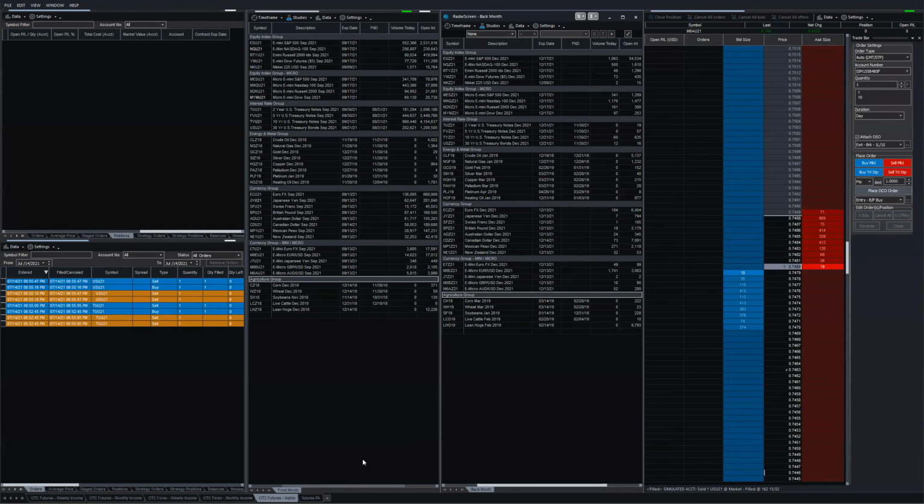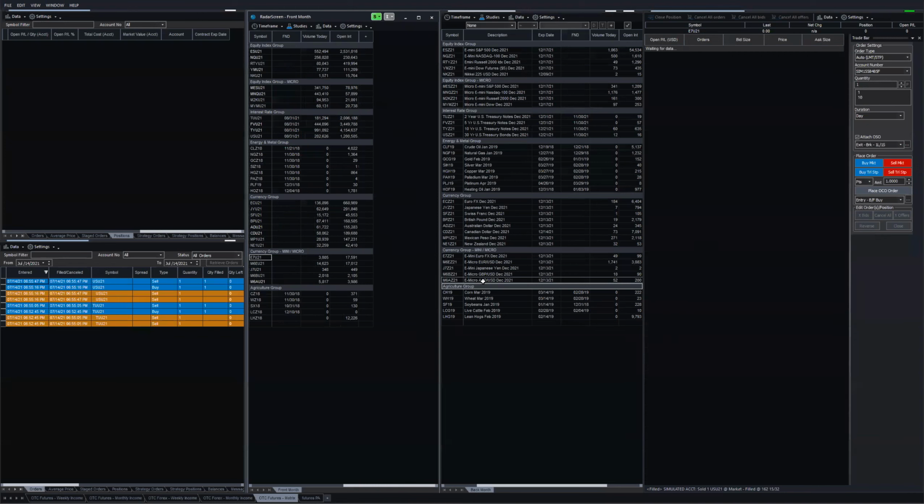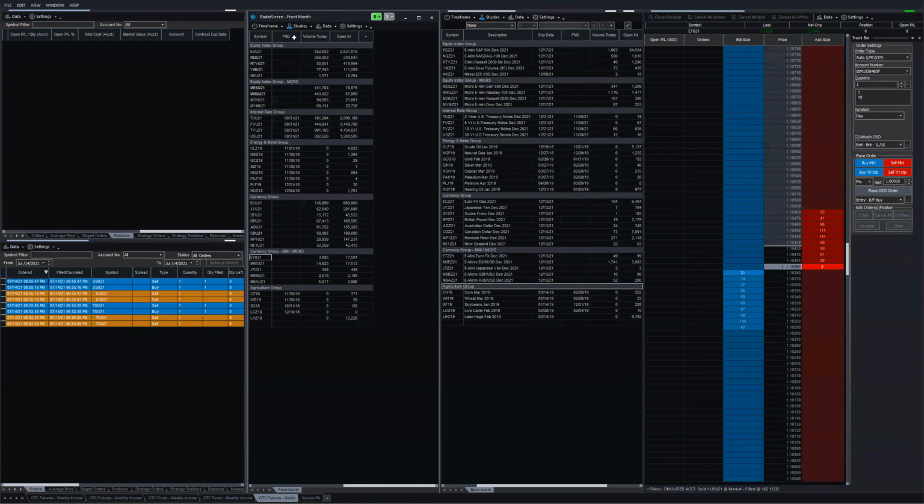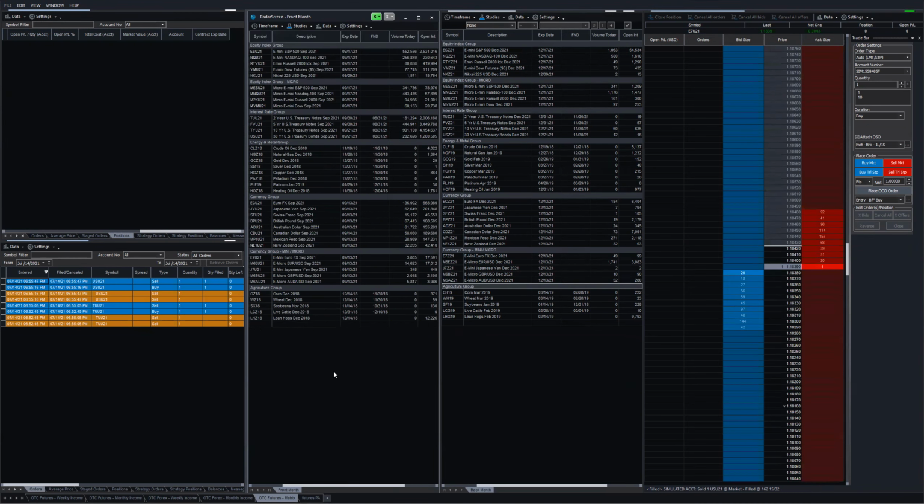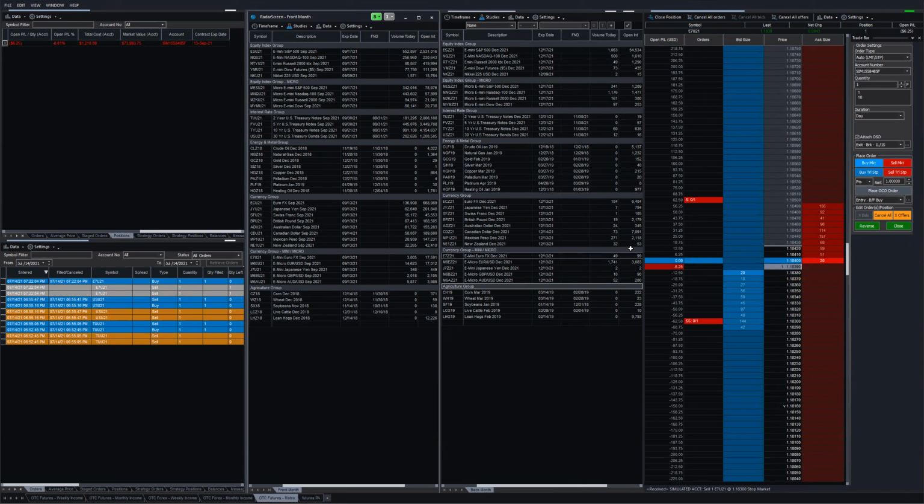Because I've also never seen them, let me just quickly place an order, a market order. So you see now on the euro, on the mini, the tick value is $6.25.